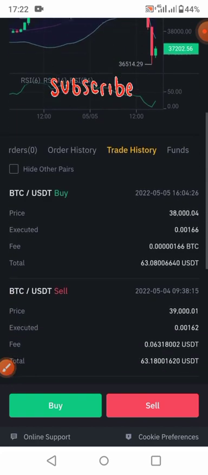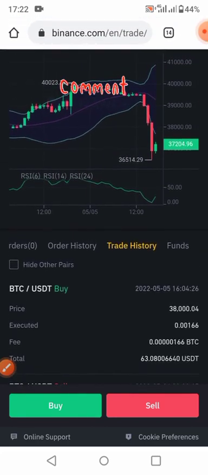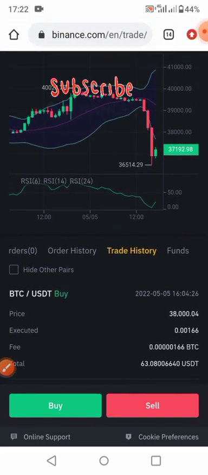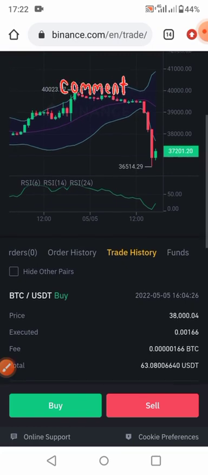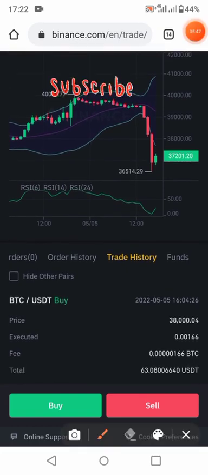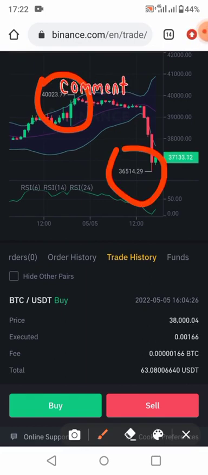Now I want to sell it again, and I want to sell it at a higher price. I bought at a lower price, I want to sell at a higher price. Using an hour time frame, you see the lowest that the price has gone to. So I use that to set the trade.